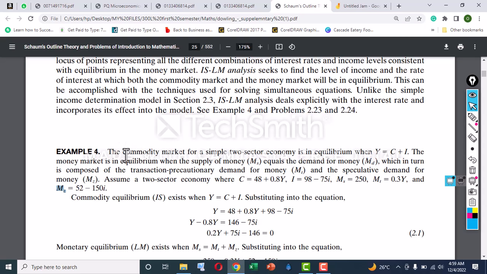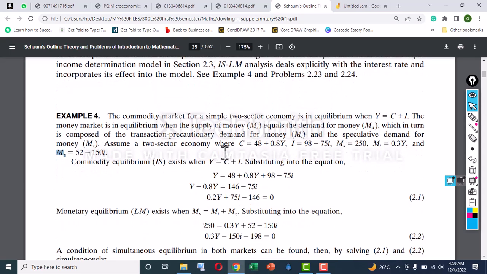Now, in this question, we have the commodity market for a two-sector economy. A two-sector economy is in equilibrium when Y is equal to C plus I. They are just trying to explain themselves. The main question here is, we are given our C as 48 plus 0.8Y, then our I as 98 minus 75i.